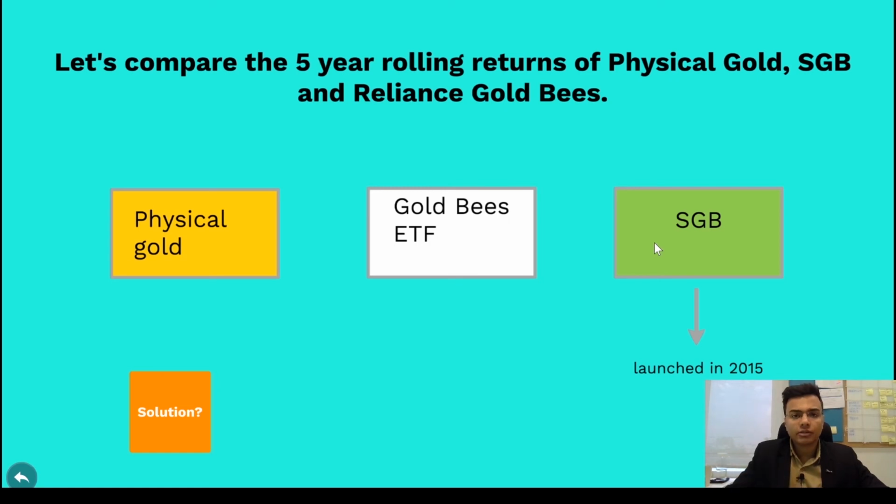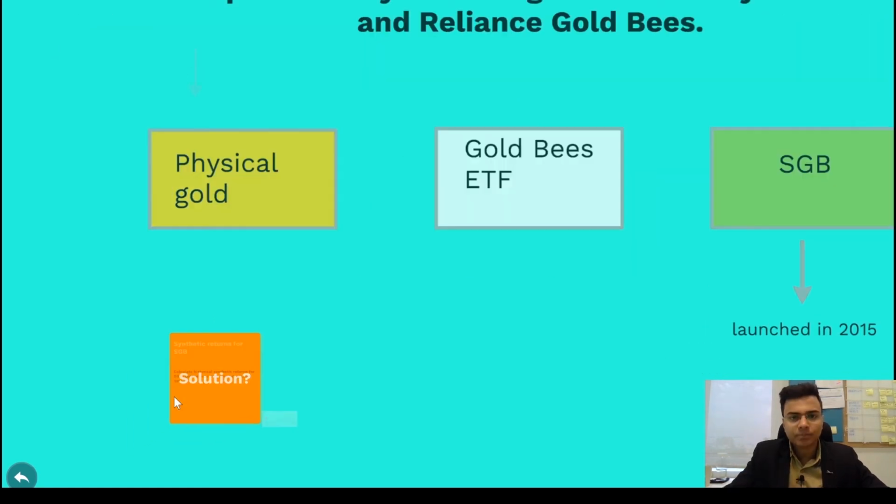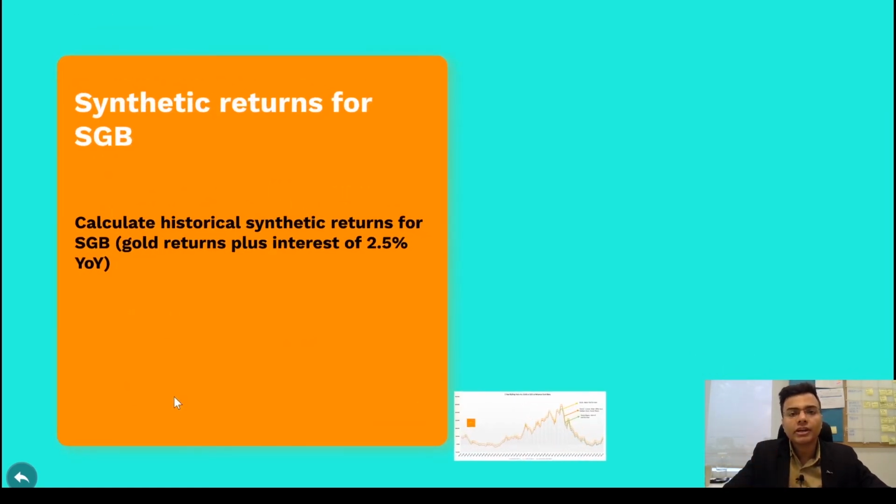So how will we do it? See, what does sovereign gold bond offer you? First and foremost, it offers you returns of gold. So if gold returned say 10%, sovereign gold bond will definitely give you 10%, and on top of that it will give you an interest of 2.5%, right?